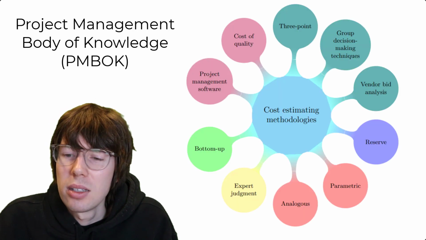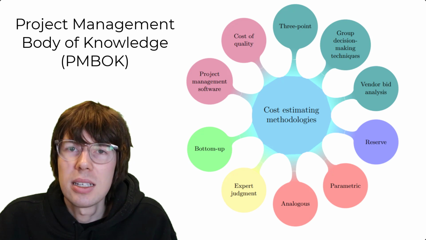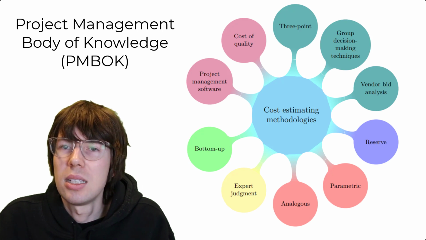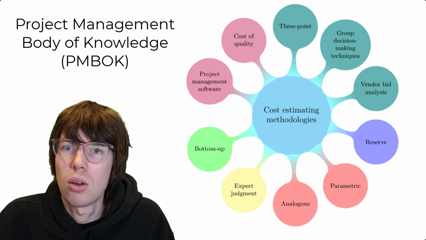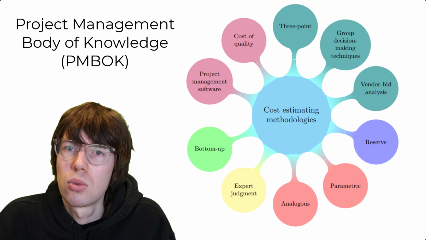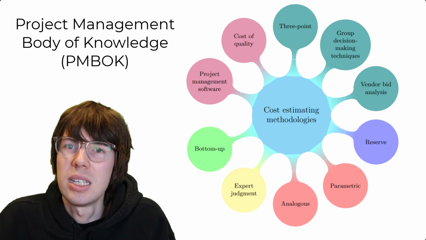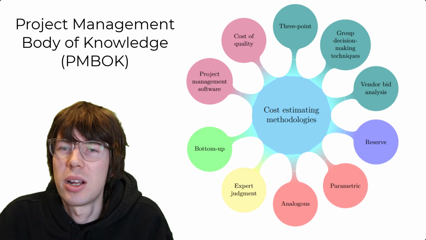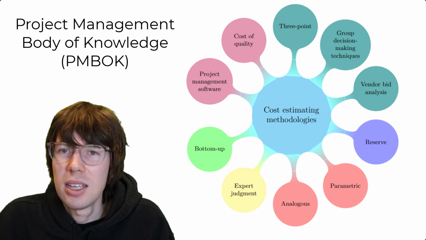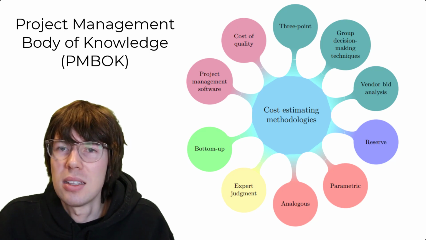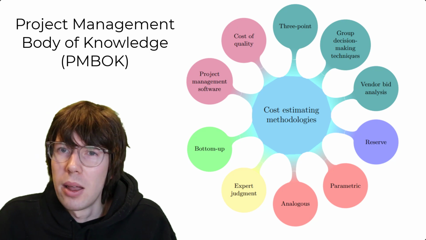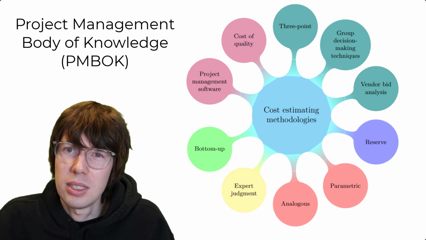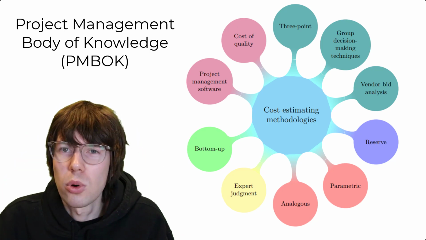When it comes to finding the point estimate, we can look at the project management body of knowledge. So according to the PM book, which is an acronym for Project Management Body of Knowledge, there are 10 different methods for cost estimation. By the way, the PM book is the so-called Bible of project management.